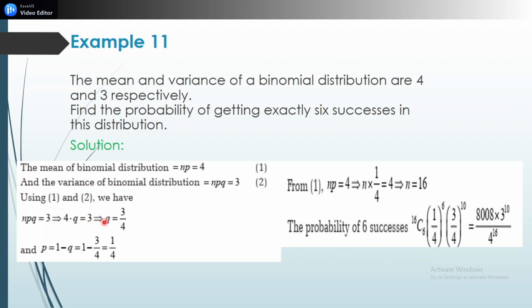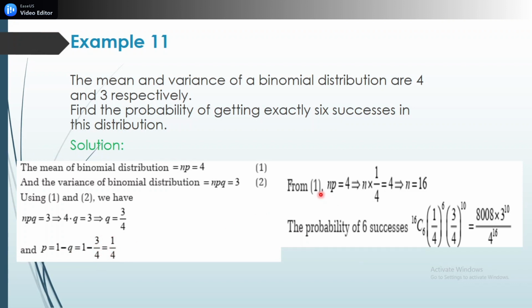The value of the probability of failure is equal to 3 out of 4. When we found the probability of failure, this means the probability of success is equal to 1 minus the probability of failure, which means 1 minus 3 over 4 is equal to 1 over 4.